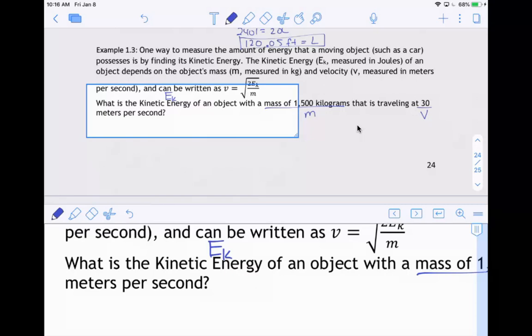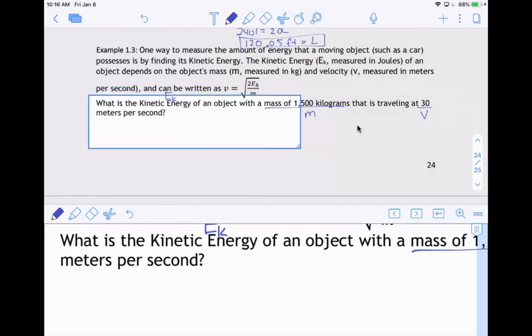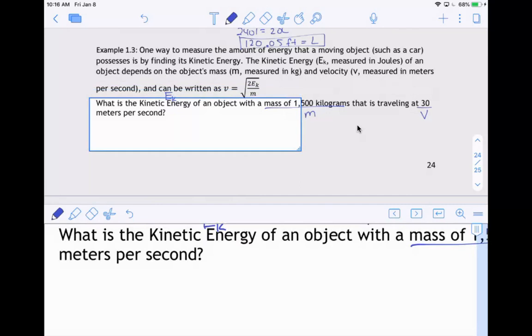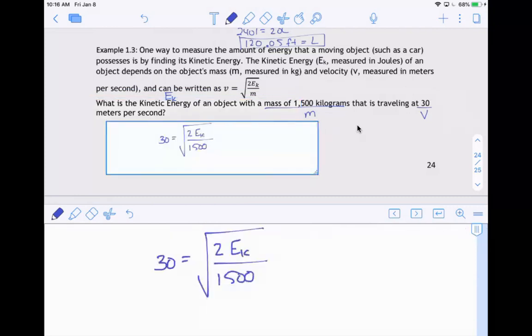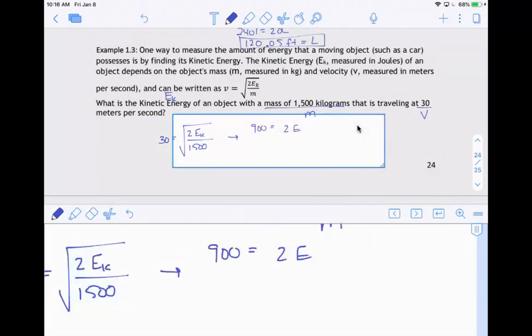30 is equal to the square root of 2 EK over 1,500. Looks like we are going to need to solve. Sorry, there's a large delay on my iPad from my air server here, but there we go. Square both sides, you get 30 squared. So 900 is equal to 2 EK over 1,500. Times 1,500 to the other side.